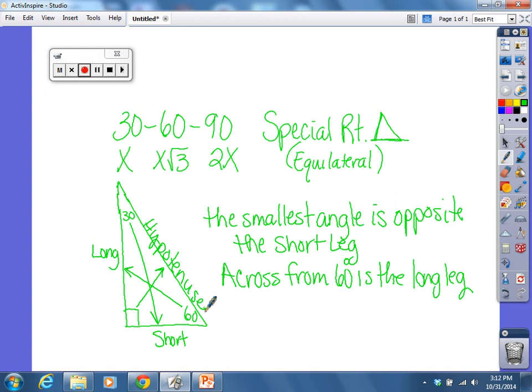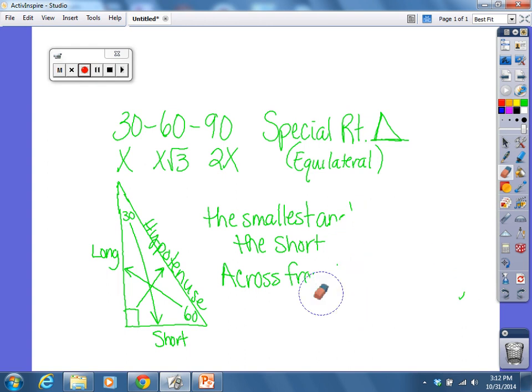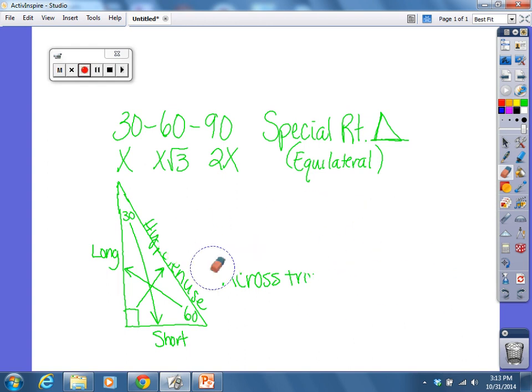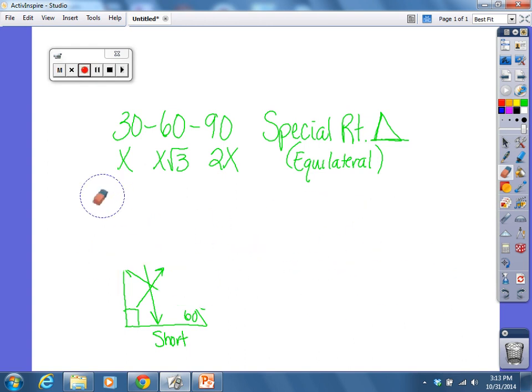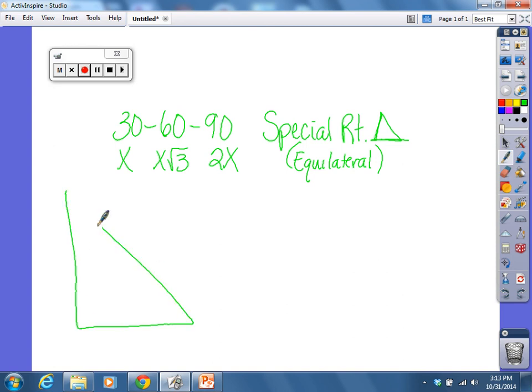Alright, so let's go ahead and jump right into some problems. So we'll start out with some 30s, across from the 30, and figure it out from there. So if I draw my little triangle, I know I'm not a very good drawer. That's okay. 30, 60, 90.